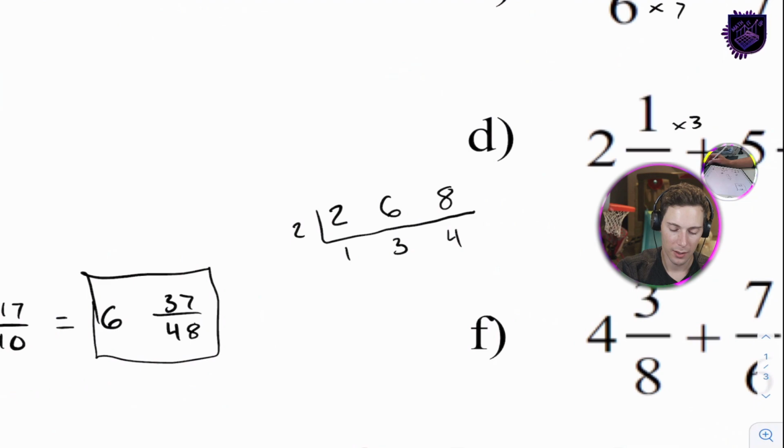So 2 times 1 times 3 times 4 will bring us to our lowest common multiple. 2 times 1 is 2, times 3 is 6, 6 times 4 is 24. Our lowest common multiple is 24.